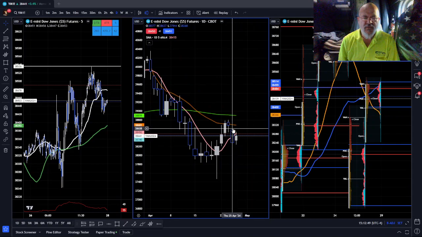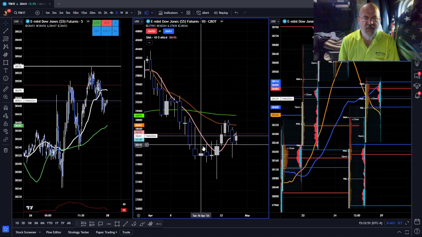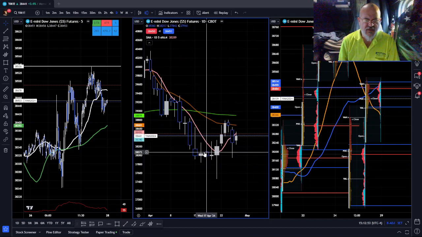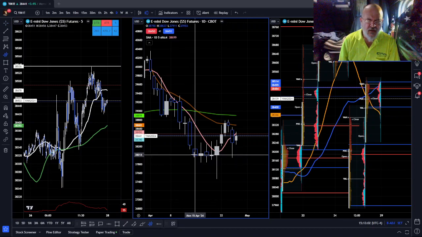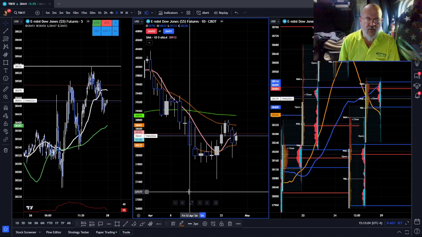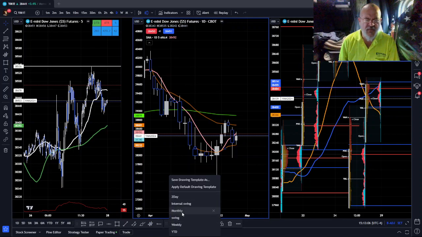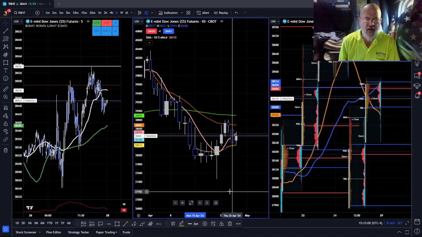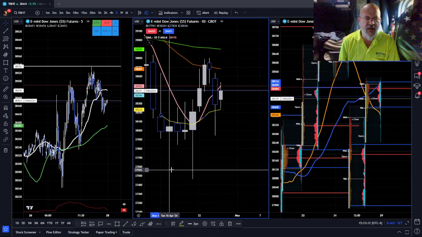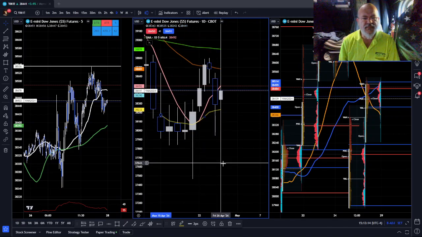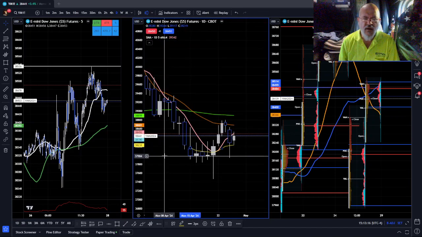And then, since we are starting a new week, I want the previous week's weekly VWAP. So we'll go back to Monday, April 15th, and we'll throw on a weekly VWAP there. Then I will keep that on through next week. All right.